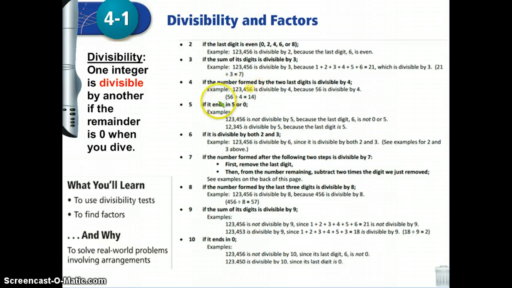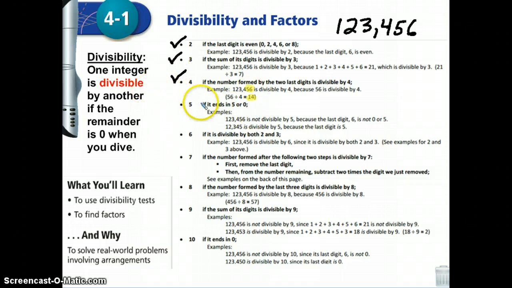Now you might need your calculator for this one, but you could always do it the long way. Is 56 divisible by 4? Yes, it's 14. So this number would also be divisible by 4. So far, this one number that we've been using, 123,456, has been divisible by 2, 3, and 4.